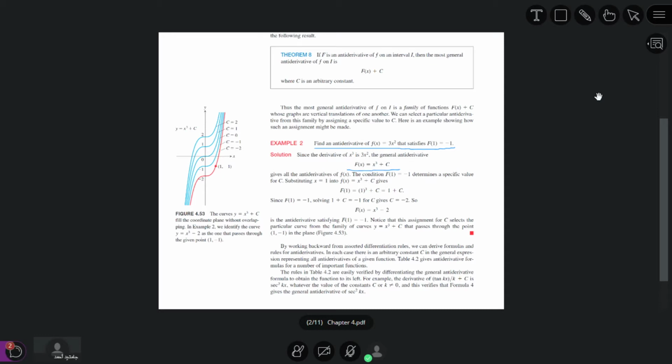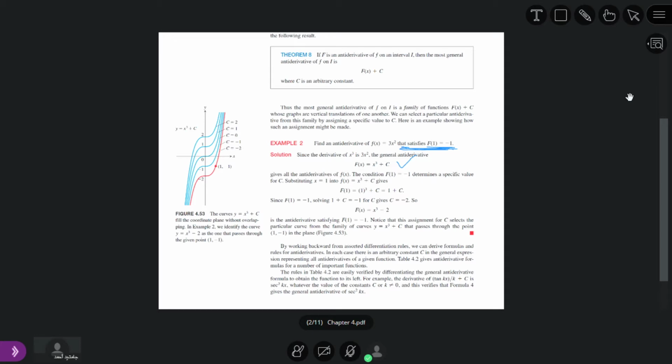Now we want to find the value of the constant by using this condition. If this condition is not given, then leave it, this is your answer, no need to find the constant.